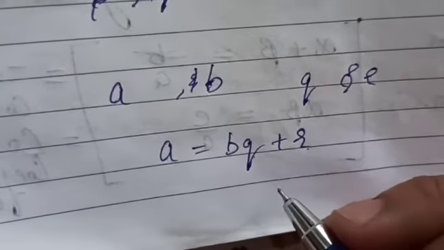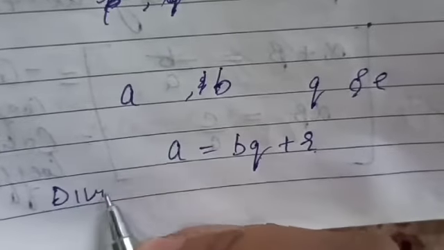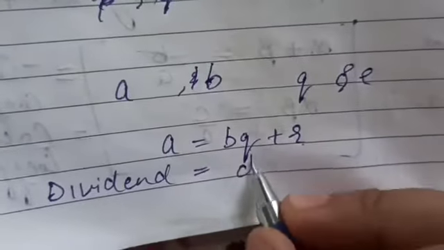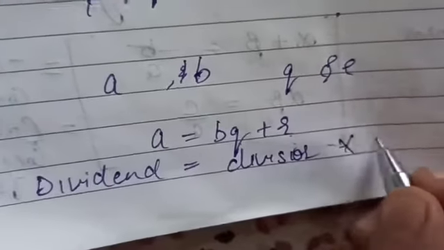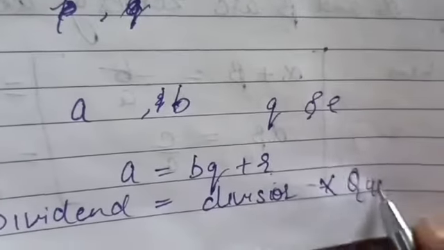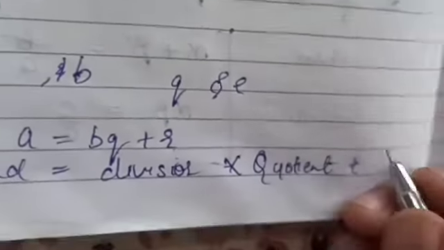Or in simple form we can also write it as dividend is equal to divisor into quotient plus remainder.